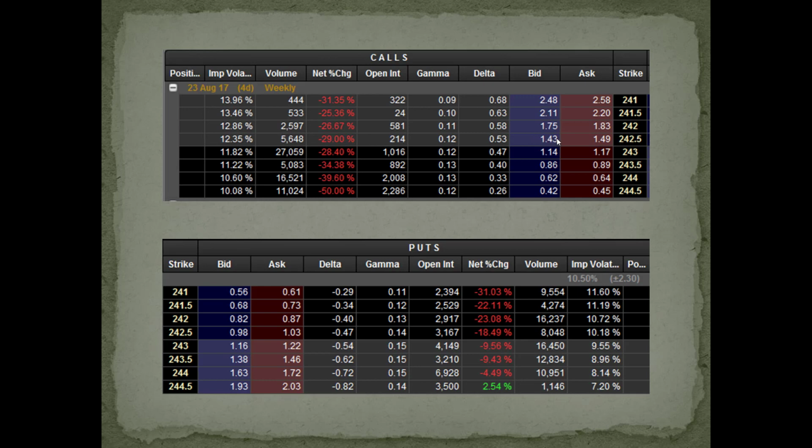It'd be more profit necessarily, or it could be more profit, but it's going to be less increase in your contracts based off the move. They're both going to go up, but you're going to get more movement with this one, which equates to more profit. If that makes sense.